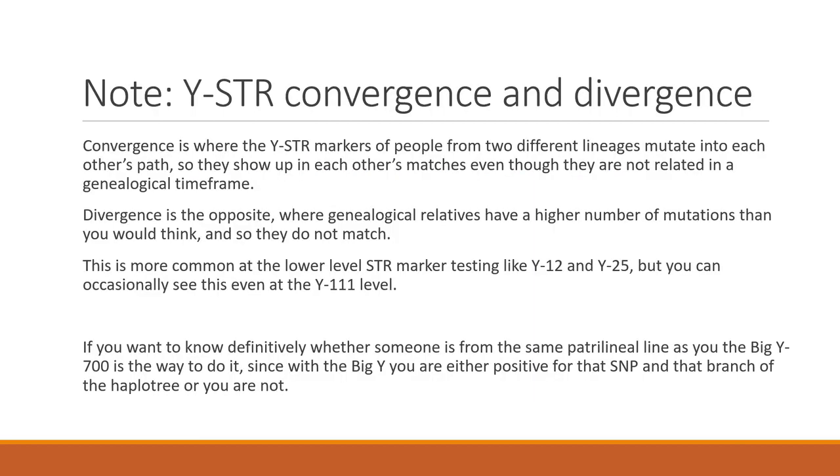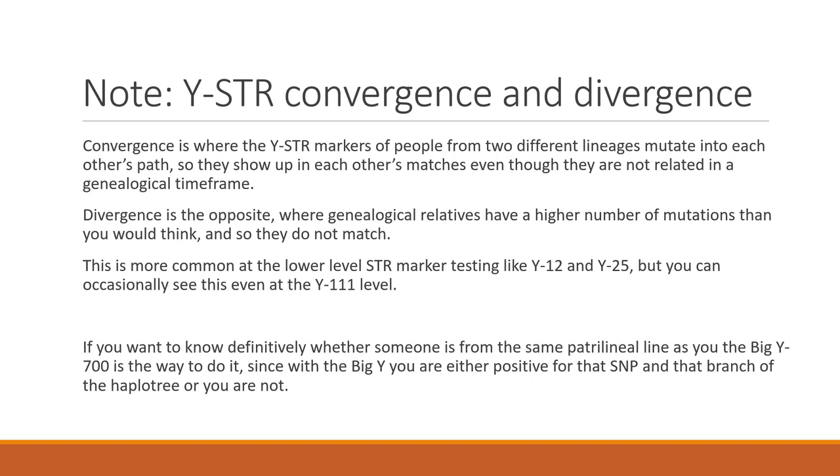One reason why the Big Y-700 is so handy is that with Y-STR marker testing, occasionally you run into something called convergence. This is where the STR markers of people from two different lineages mutate into each other's path, so to speak, so that they end up matching each other even though they're not genetically related. Maybe they have a common ancestor a couple thousand years ago, but the STR markers just ended up mutating such that they match each other.